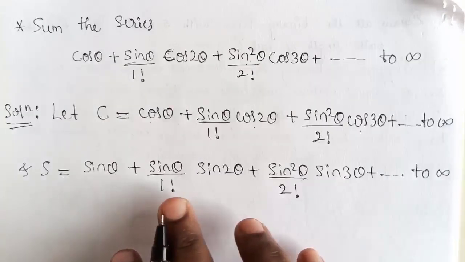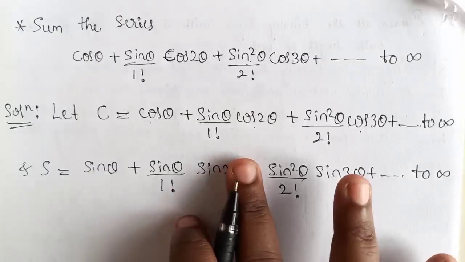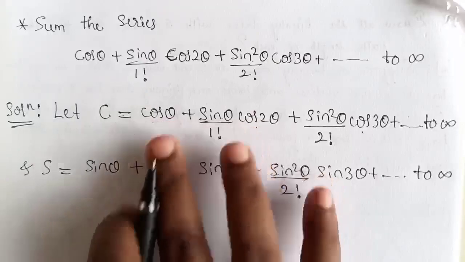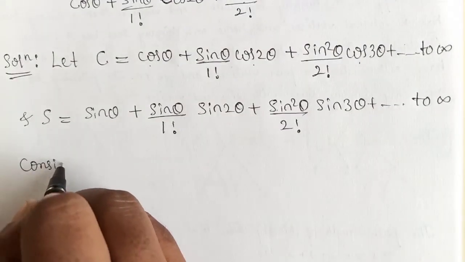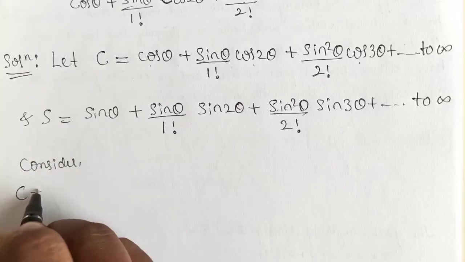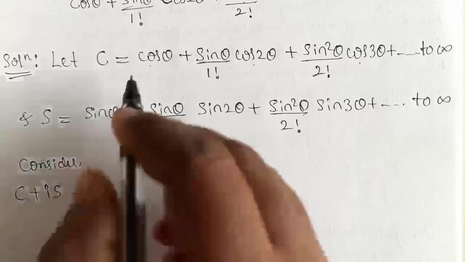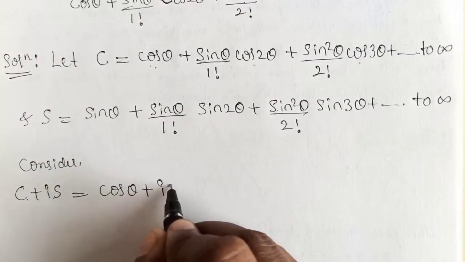So here there is no rule that we have to change all the functions. For our convenience we change the functions. Okay, so next, consider c plus i s, that is cos terms plus i into sin terms. We get cos theta plus i sin theta.